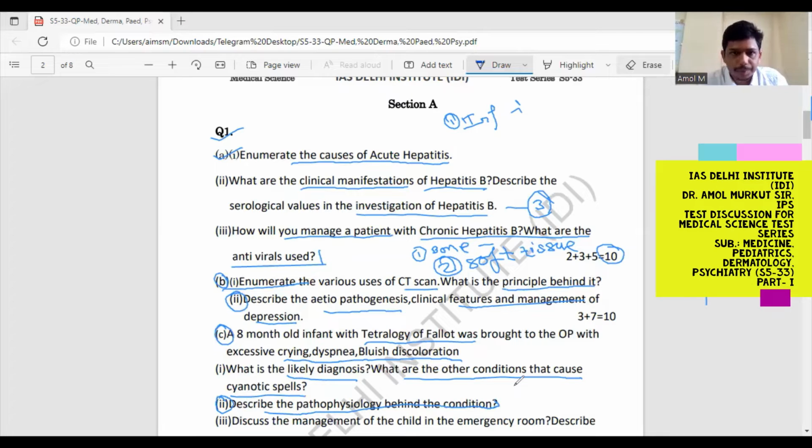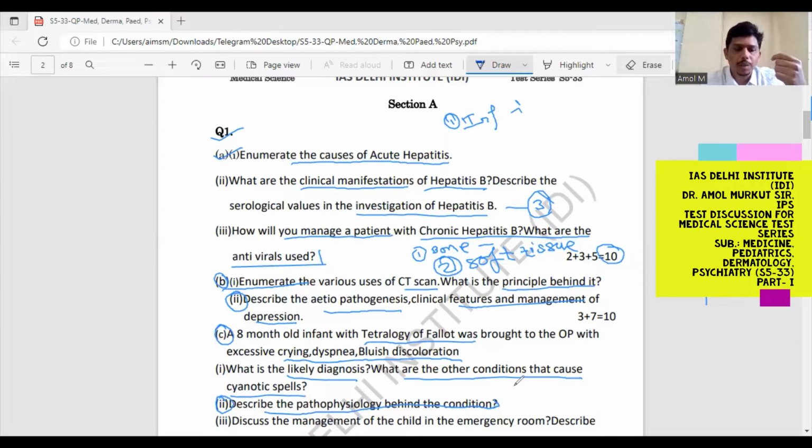Okay. So, what is the pathophysiology? There is a preceding event. Usually the child may be crying or playing, and because of that there is increased demand or sympathetic stimulation. Because of sympathetic stimulation, there is constriction of the pulmonary outflow infundibulum.